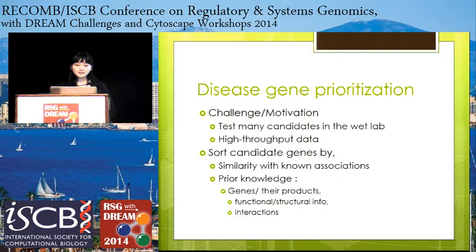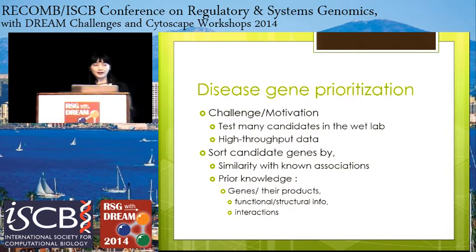Gene prioritization is a well-founded area. We want to rank the disease genes so that we can feed the most confident genes into the wet lab for testing. It's challenging because usually we have hundreds or thousands of candidate genes.